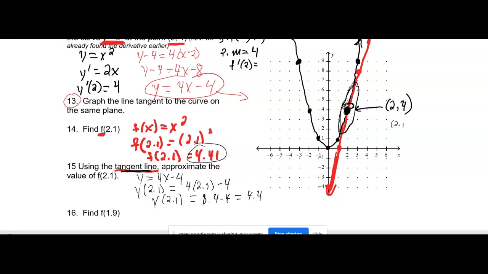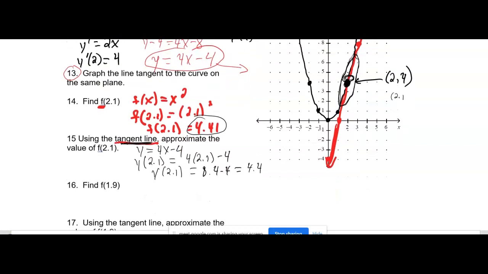One of the things that you will get marked off on, just AP test wise, what you want to understand here: if you give me this answer, you won't get full credit. Whenever we're talking about approximation for some function, what you would have to do is f(2.1), we need to use the approximation symbol. We want to answer the question. All this right now is the value on the line.